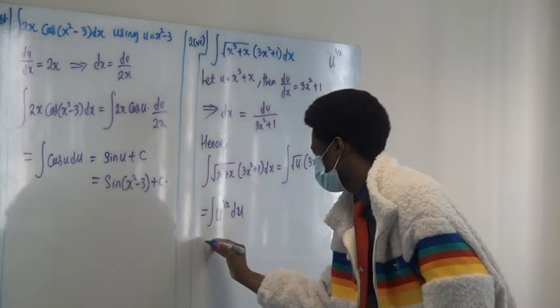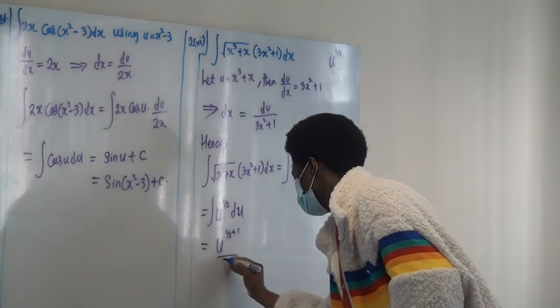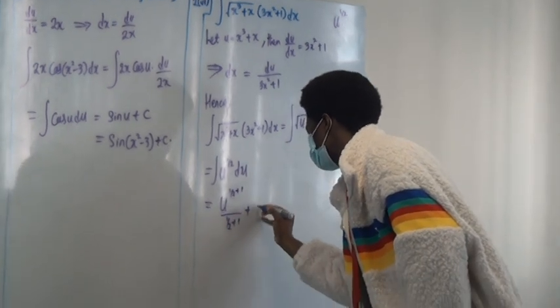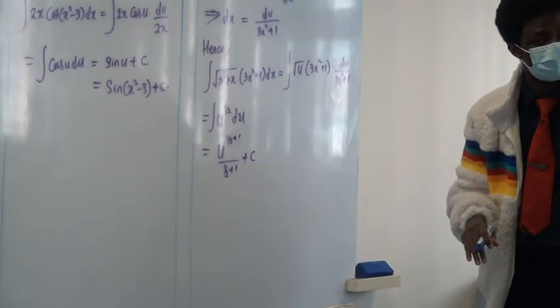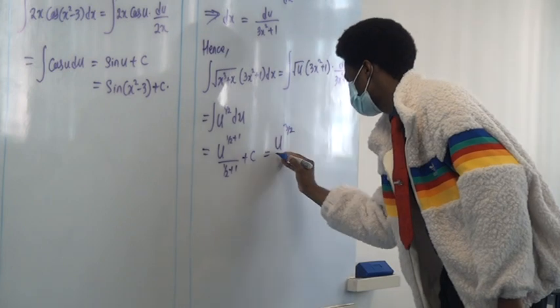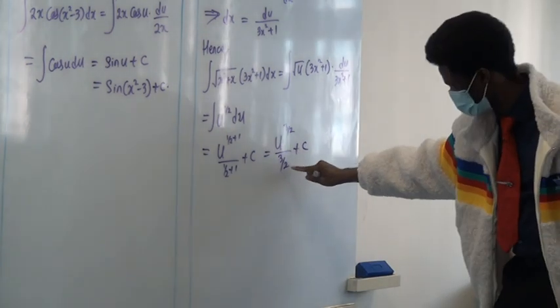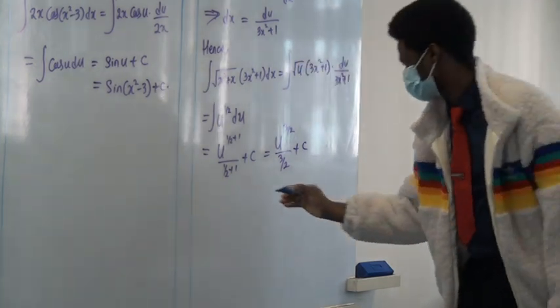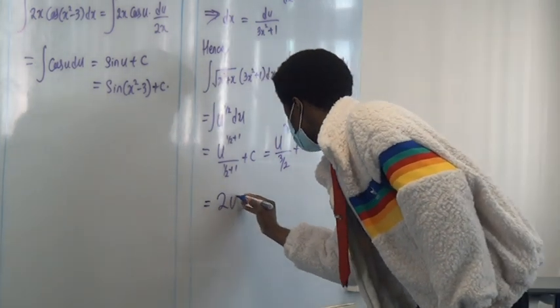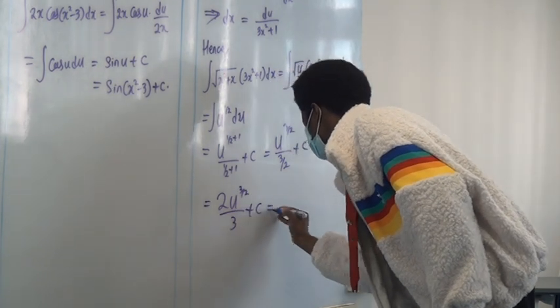Okay? So this will be u raised to power, remember half plus 1, divided by half plus 1. You don't have to write plus 1, you can write the 3 over 2 directly. So u to power 3 over 2, divided by 3 over 2 plus c. When you have fraction over fraction, the denominator comes back up. So that is 2u raised to power 3 over 2, everything over 3 plus c. So let's substitute back.